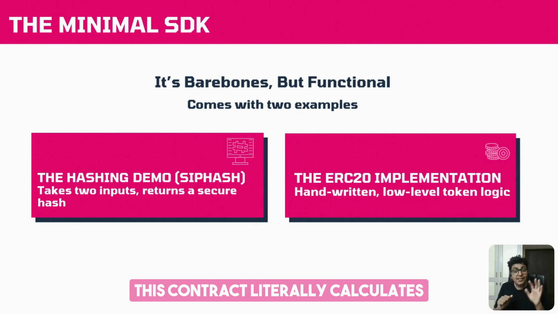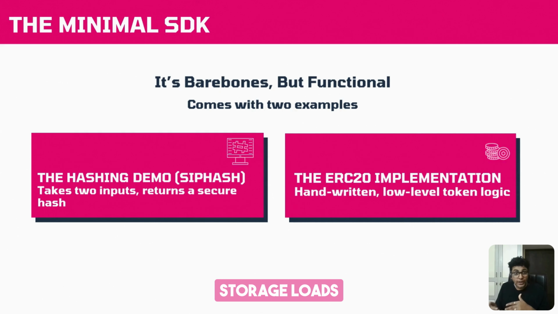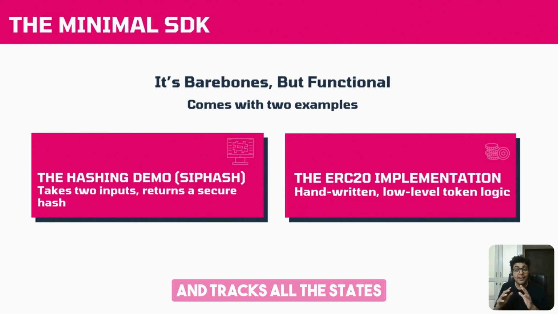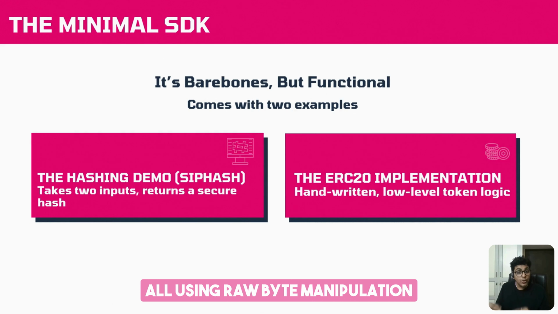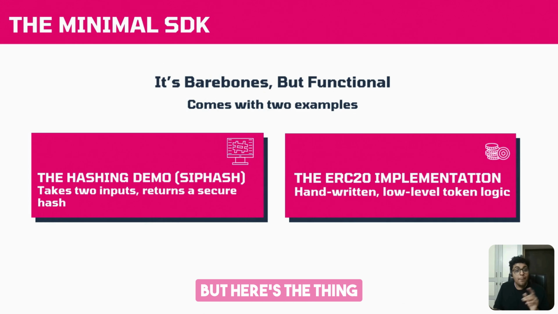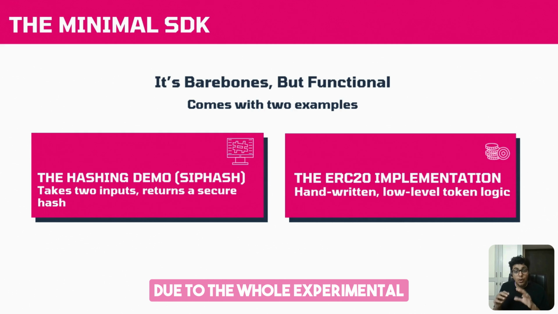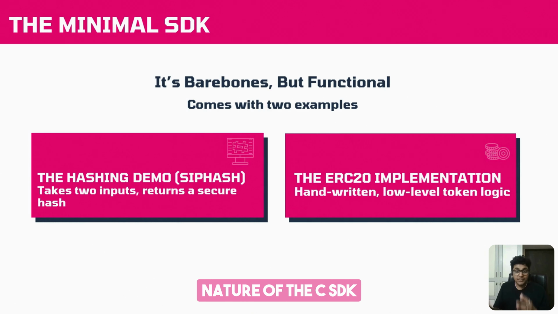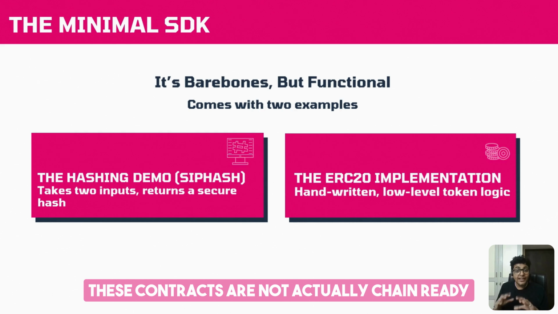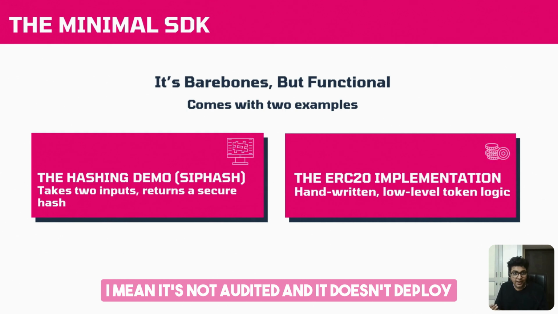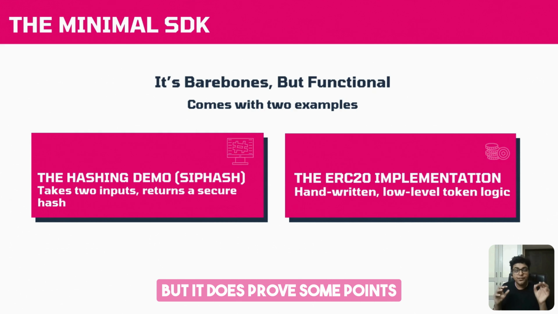This contract literally calculates storage loads, handles ABI encoding, manages memory buffers, and tracks all the states, all using raw byte manipulation. But here's the thing. Due to the whole experimental nature of the C SDK, these contracts are not actually chain ready. I mean, it's not audited and it doesn't deploy, but it does prove some points.